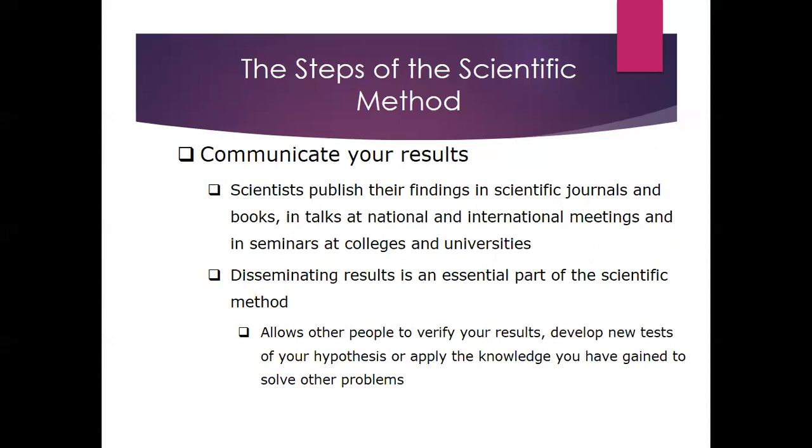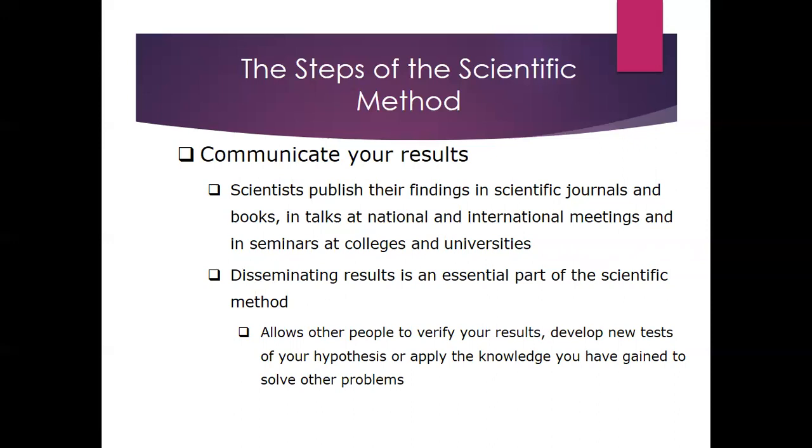Right, so communicating your results. Scientists publish their findings in scientific journals and books. They speak at national and international meetings, conferences, etc., and in seminars at colleges and universities. So these are some of the ways in which they communicate the results of their findings.